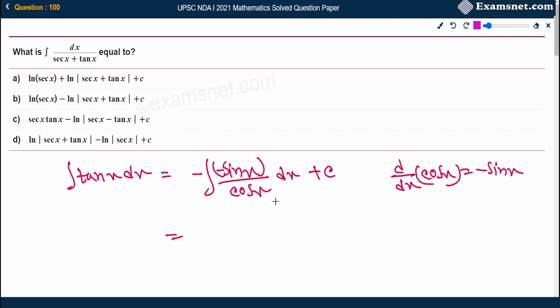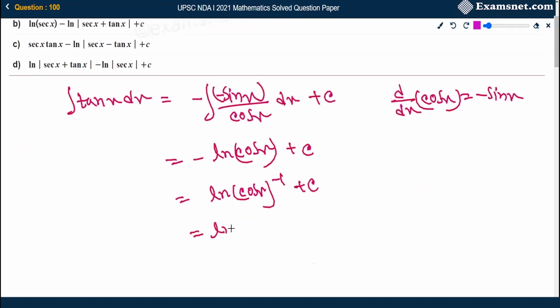So we can write here minus ln cos x plus c. Here c is the integration constant also. So it becomes ln 1 by cos x, that is ln sec x plus c.